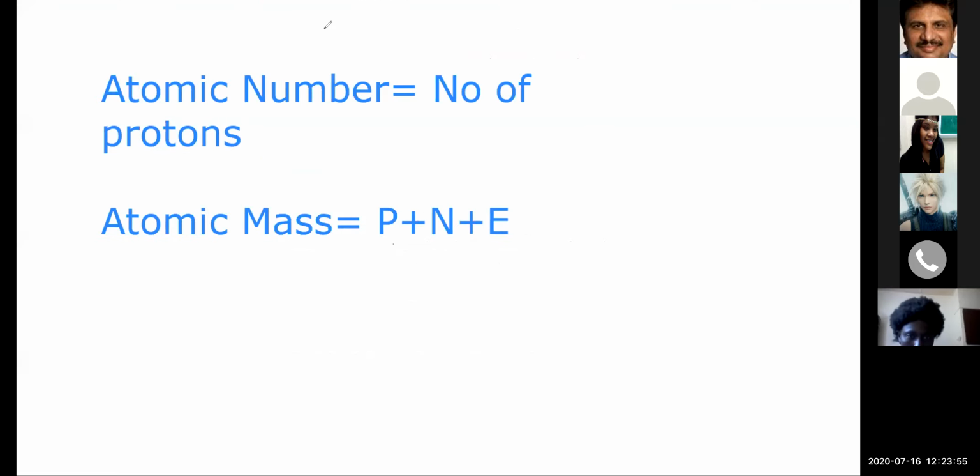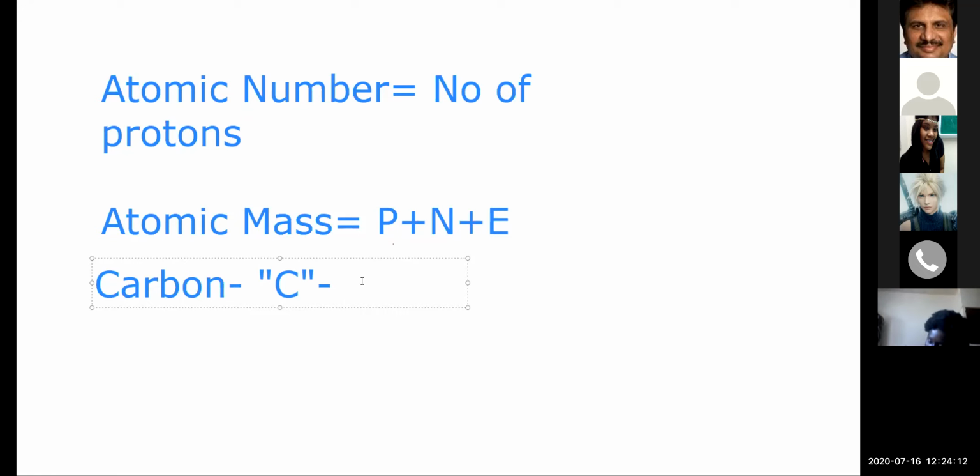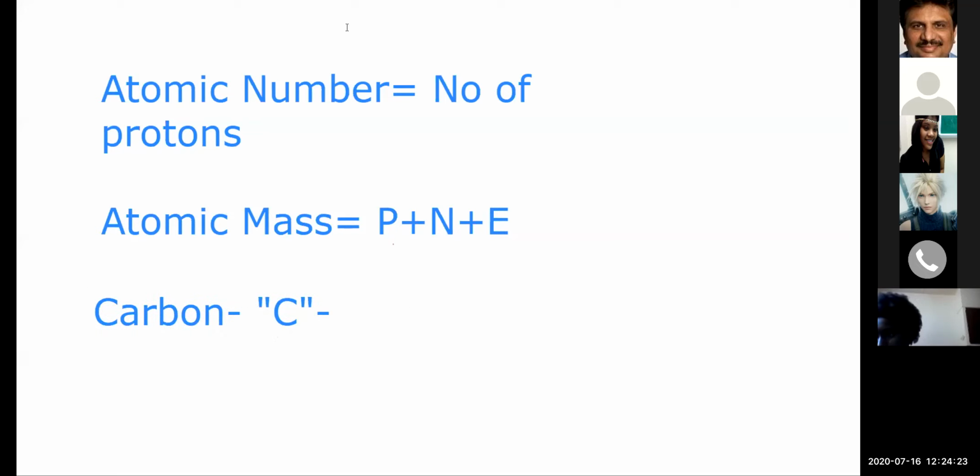So each atom in a periodic table is represented by a single letter.